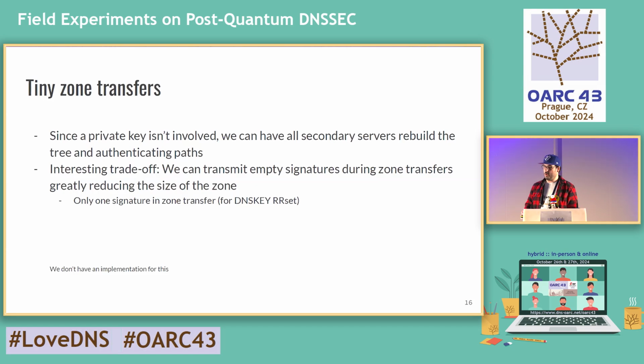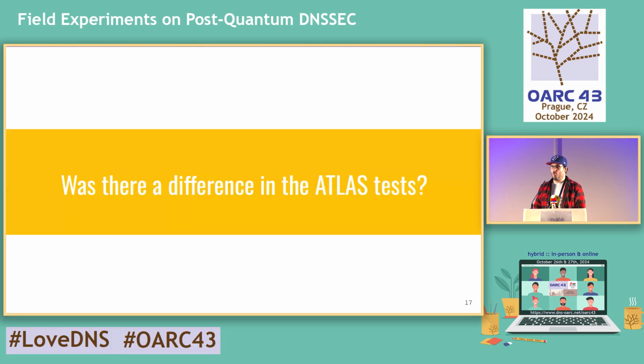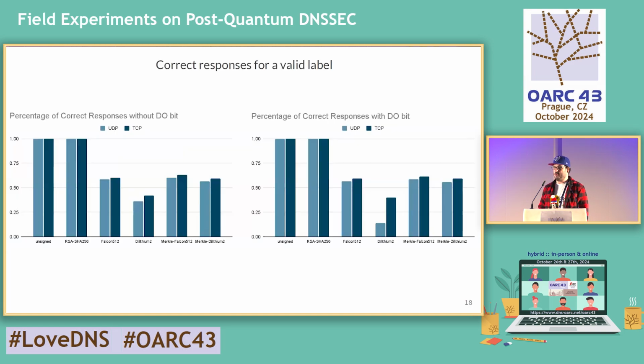So what did we see in the Atlas tests? And this is where some funky stuff starts happening. So the astute and detail-oriented people in the room will notice that Falcon and Dilithium are far worse than our May results. We have not been able to identify exactly what happened here because we have not changed the implementation for Falcon or Dilithium at all. The testing environment is exactly the same.